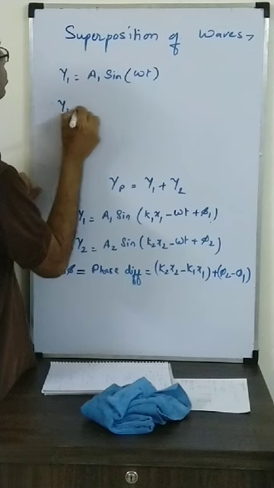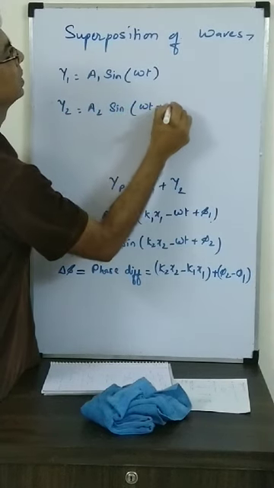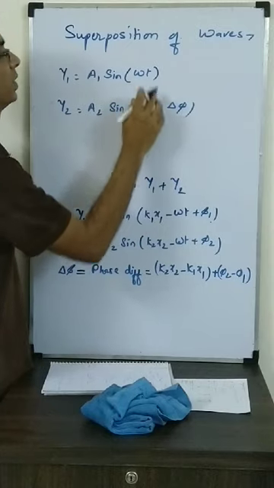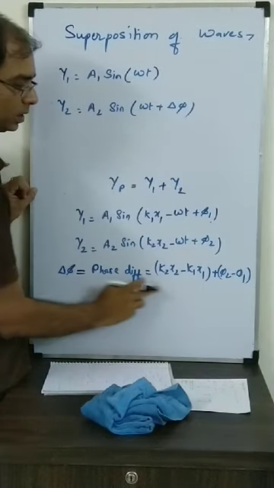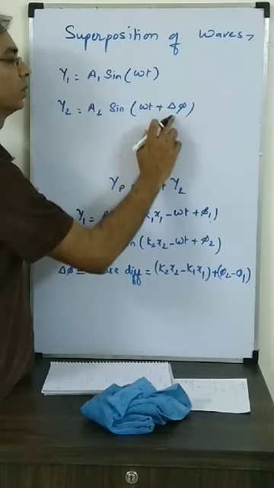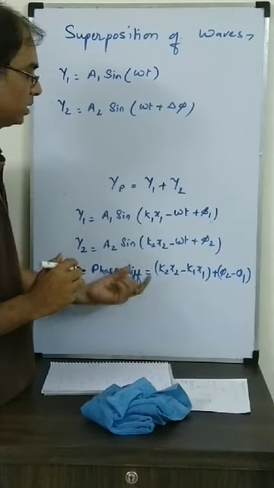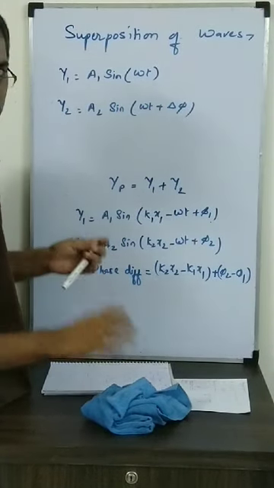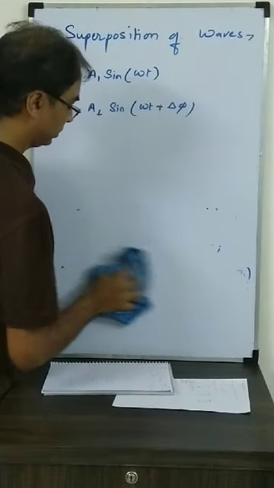And y2 I am writing as A2 sine omega t plus delta phi. Now what is the phase difference between them? Delta phi. I adjusted this delta phi over here so that we can solve it easily. Otherwise it will be complicated. So let's see what's coming after adding this.